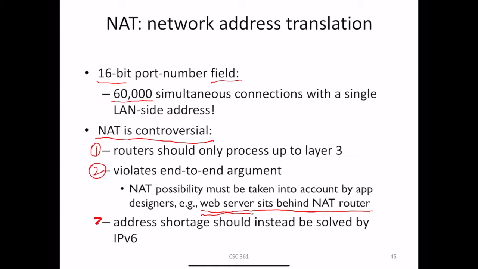And the third one is address shortage, which should instead be solved by IPv6. As we know, the IPv4 address space has a total of 4 billion IP addresses.